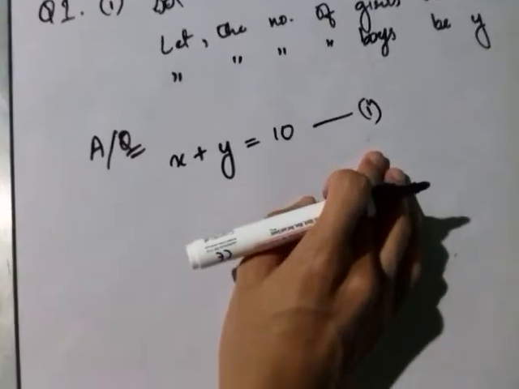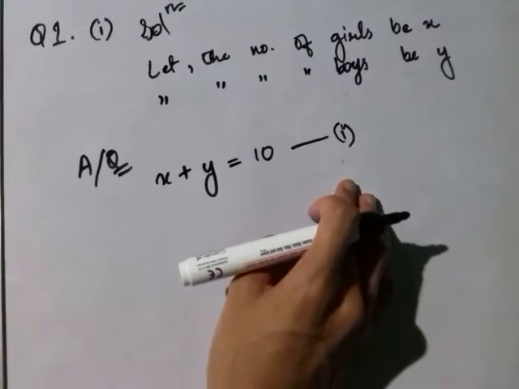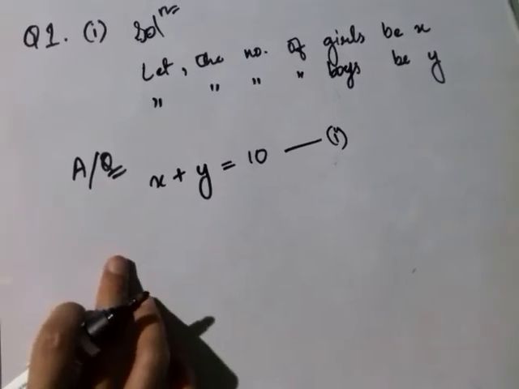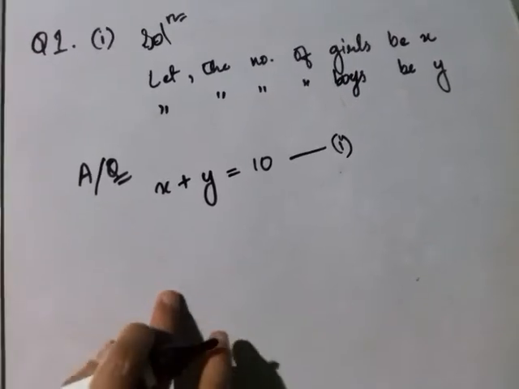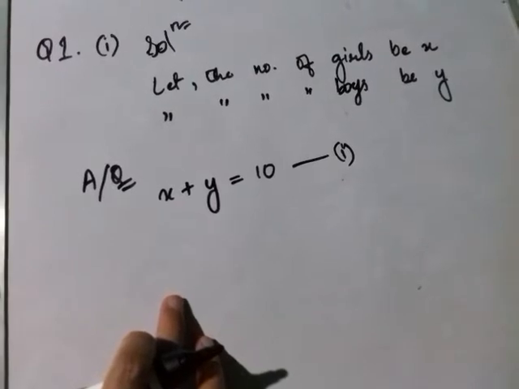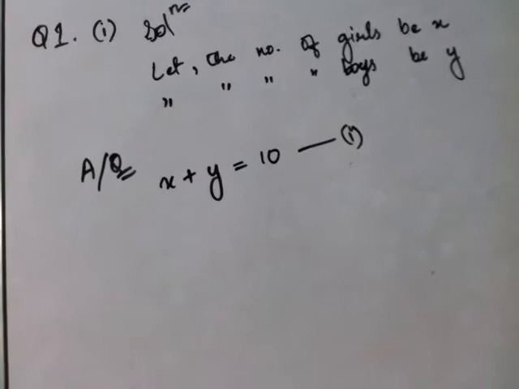Equation number 2 is: the number of girls is 4 more than the number of boys.